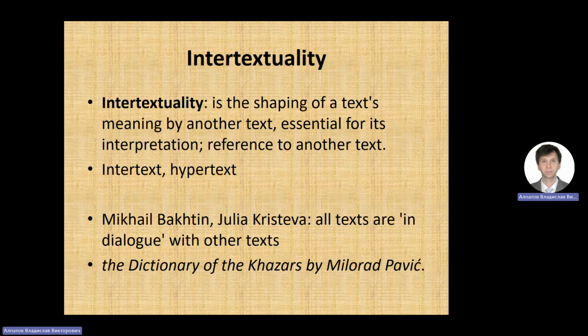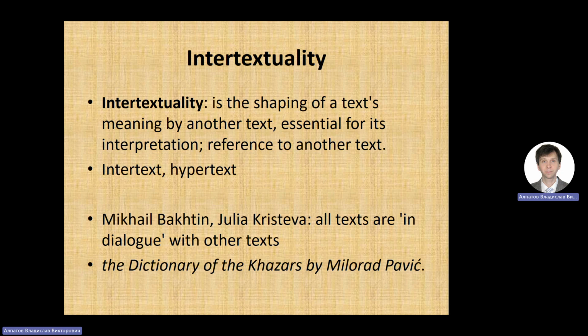A very interesting example of intertextuality, of an intertext, is a novel by Milorad Pavic, The Dictionary of the Khazars. I regard it as a very good example of what intertextuality is, because this is a novel written in the form of a dictionary. So there is no uniform text. You cannot start reading from the beginning.